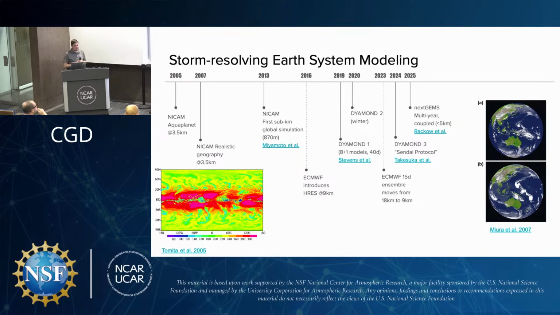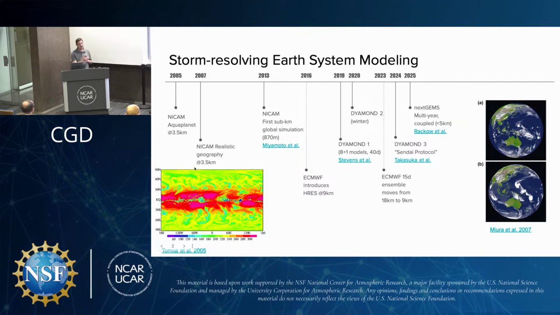That's 20 years ago, and it was quite a revolutionary change in modeling, because at that point you could easily read the literature and hear people referring to 1 degree climate models as being high resolution. These are not climate runs; these are short demonstration runs, but it was showing the capability. The NICAM group was really at the forefront of this.